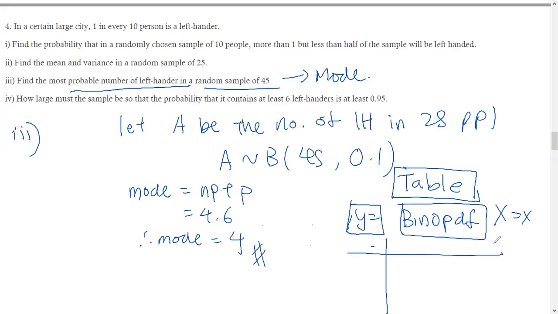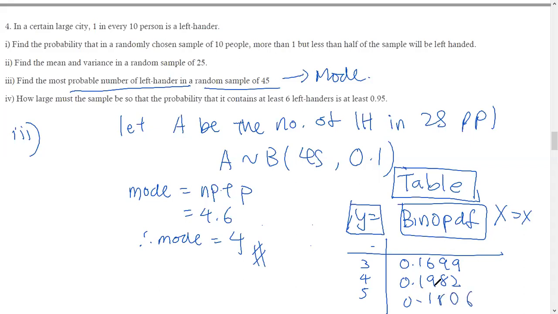I'm going to write some values here, maybe 2, 3, and 4. Maybe I change a bit, erase that, and use 3, 4, and 5. Either way is displayed on your calculator. The value for 3 is 0.1699, the value for 4 is 0.1982, and the value for 5 is 0.1806.